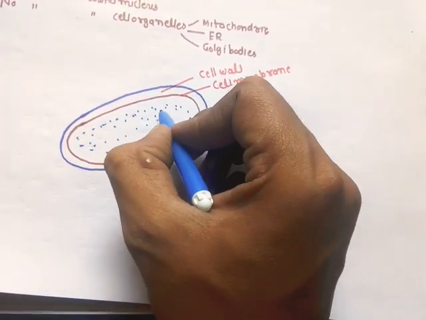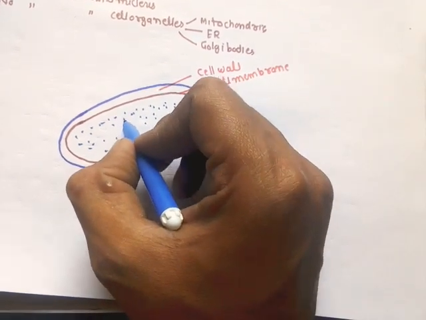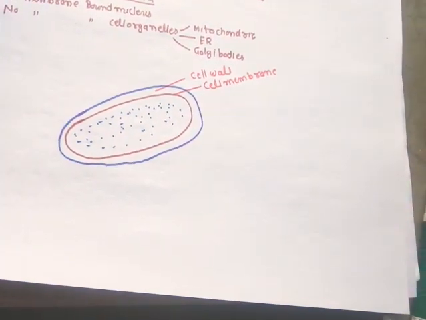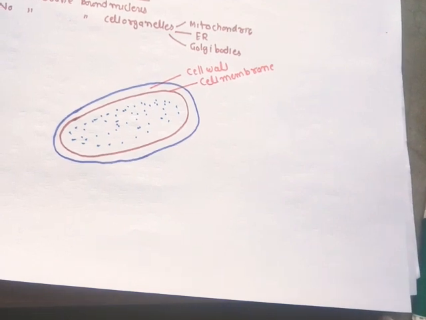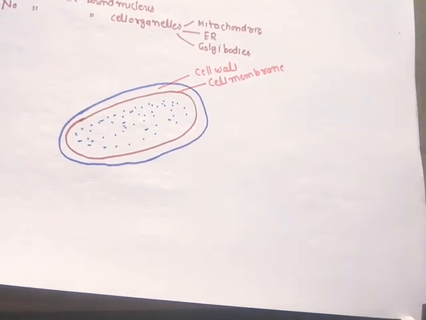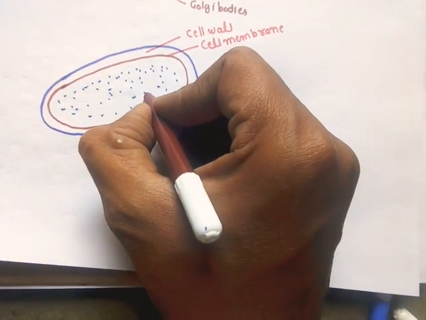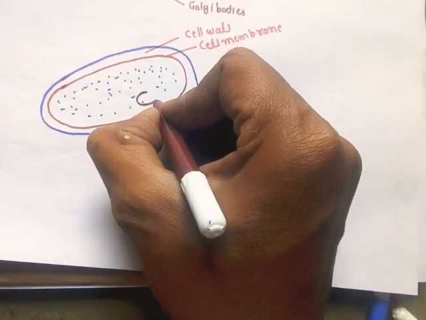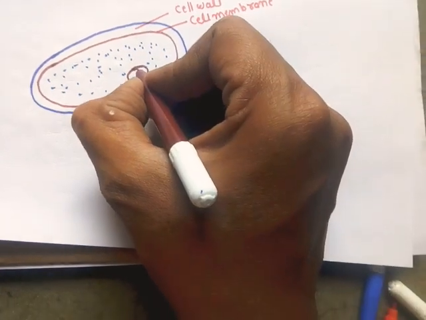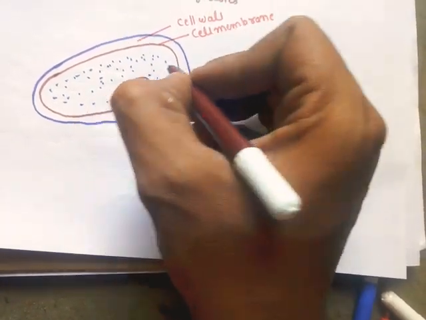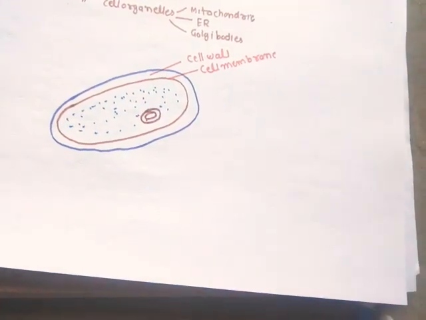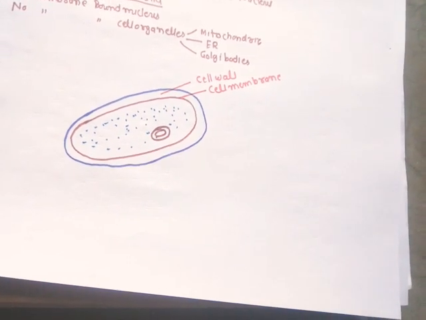As we are discussing the structure of a prokaryotic cell, the name indicates that the membrane-bound nucleus is absent, and that is why all the DNA material of this cell is present in a certain region of the cytoplasm, and they have a circular DNA molecule. In the diagram you can see the DNA molecule is circular, and it is present in a specific region of the cytoplasm.